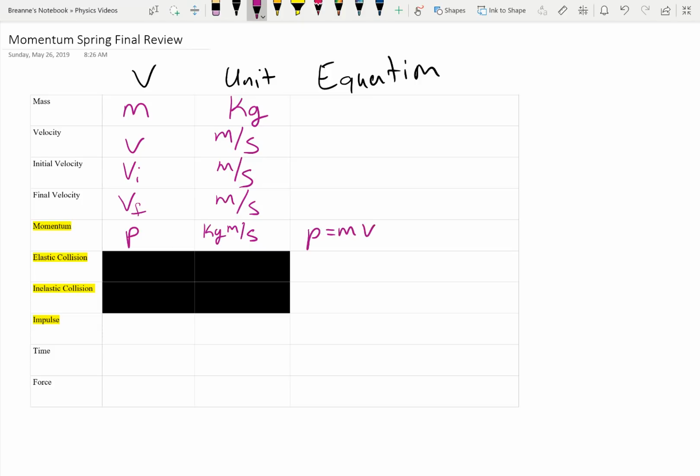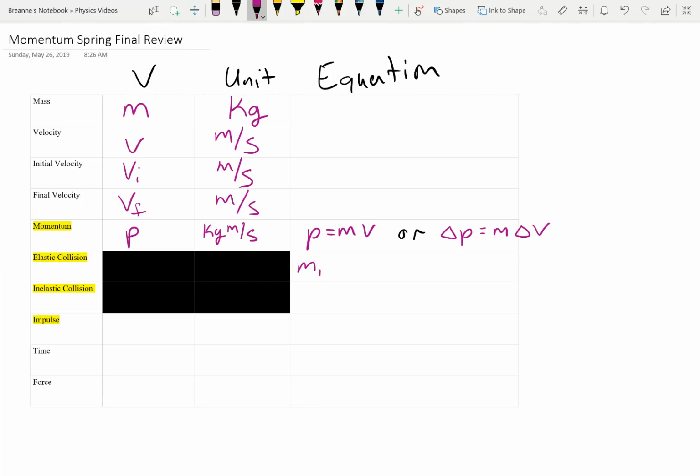Now, you do have another one, and it's dealing with change in momentum. So change in momentum equals your mass times change in velocity. So here we go. An elastic collision is when things hit and bounce off. So in an elastic collision you have two objects.